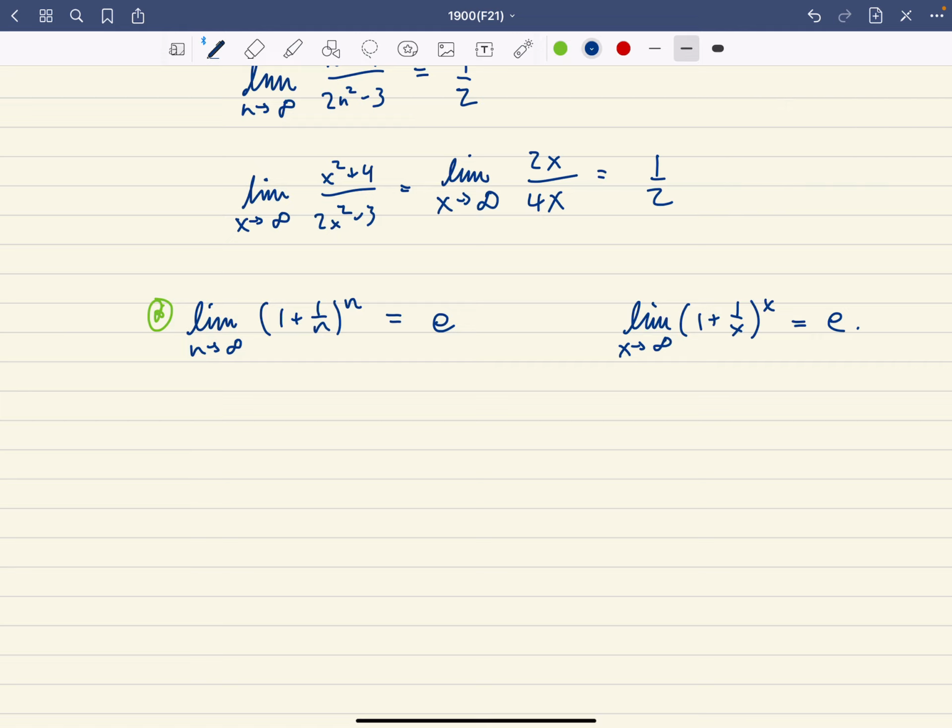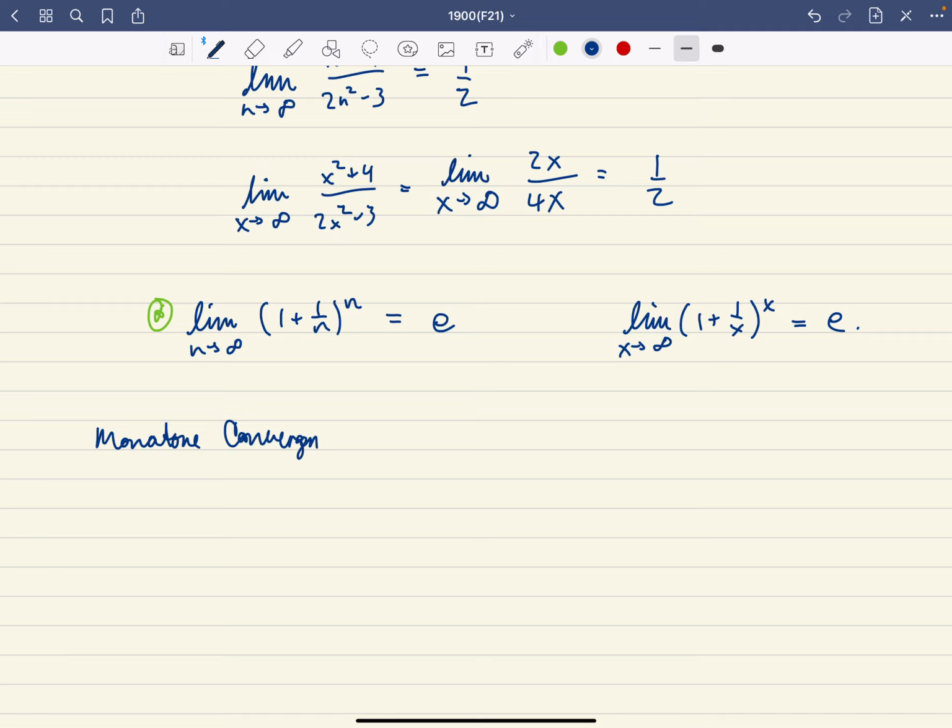Okay? Now, the last thing I want to say here in regards to limits is what's called the monotone convergence theorem.